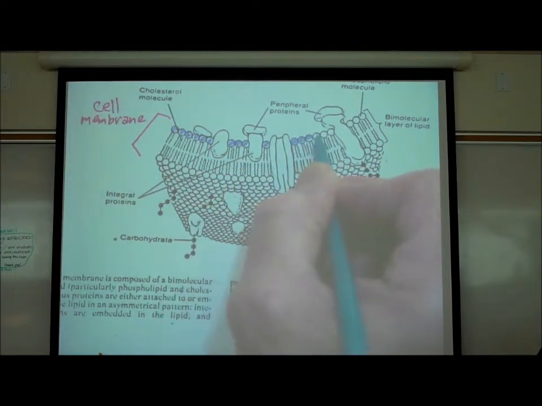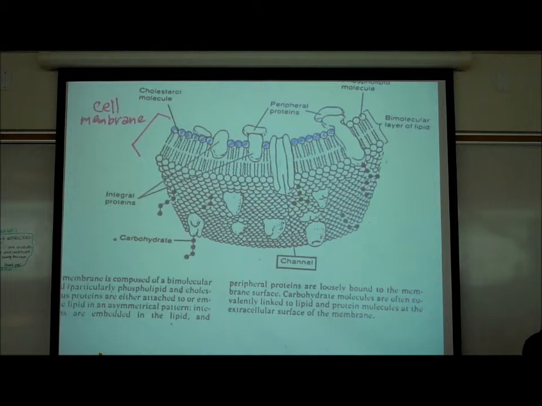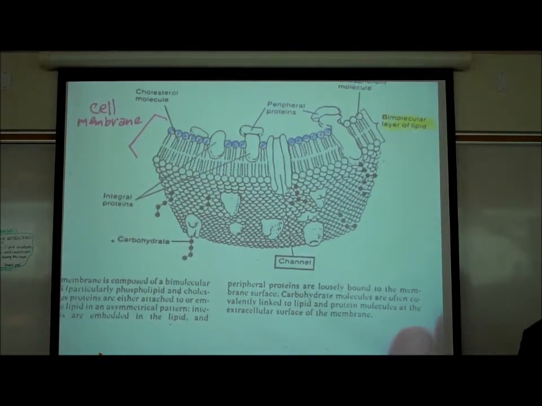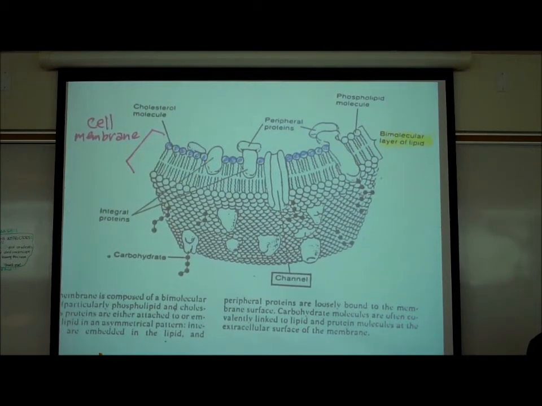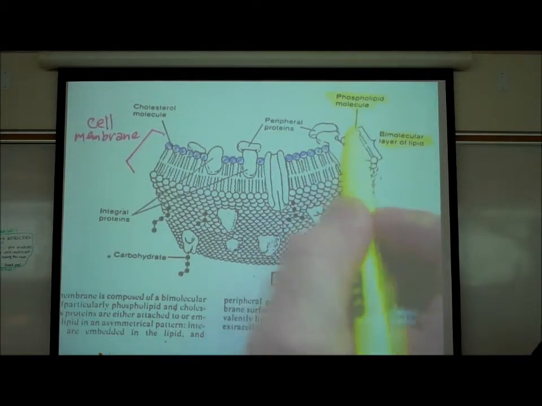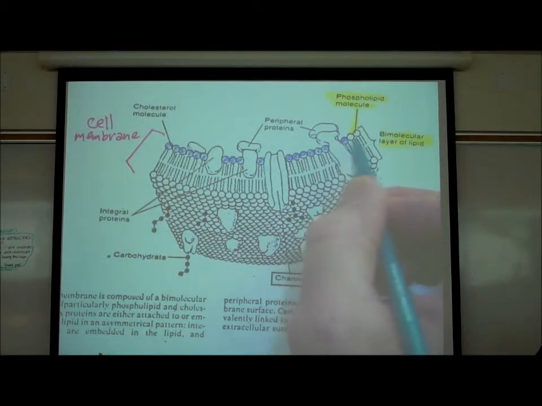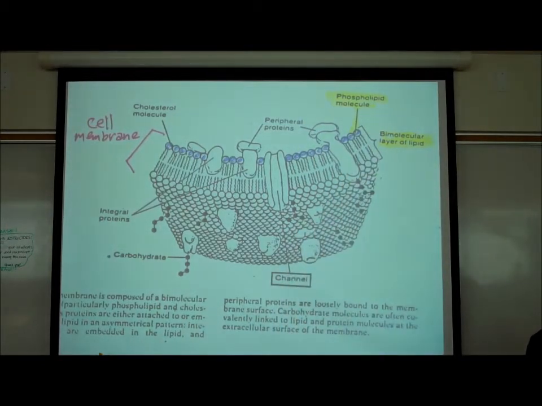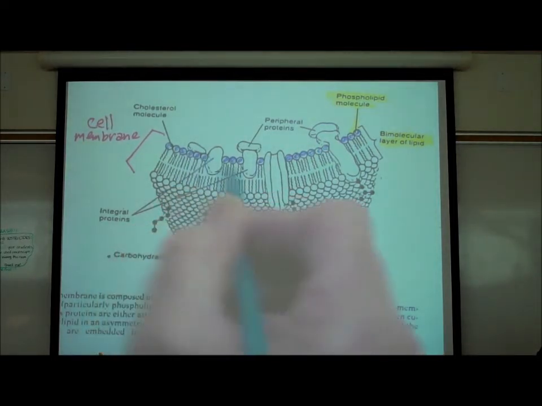They sometimes call that a bilayer of phospholipids. Does it say that somewhere? Right over here, it says bimolecular layer of lipid. Now, lipid means fat. So there's a double layer of fat molecules. The type of fat is called a phospholipid. Lipid means fat. It's a special type of fat called a phospholipid. And everybody knows lipid means fat because you've heard of liposuction.